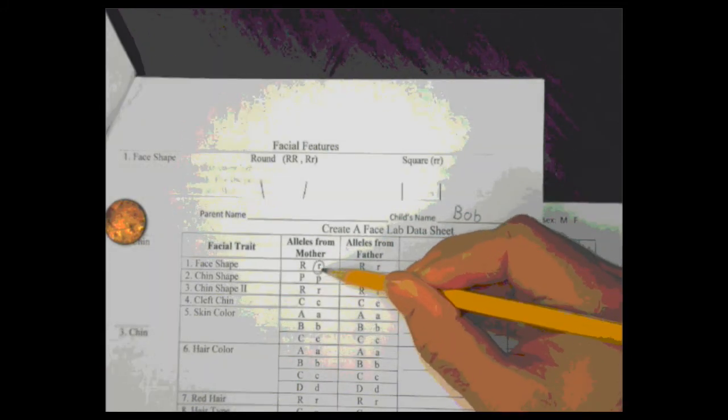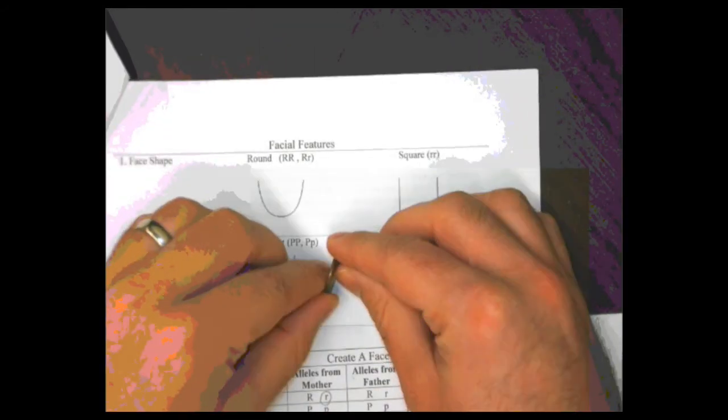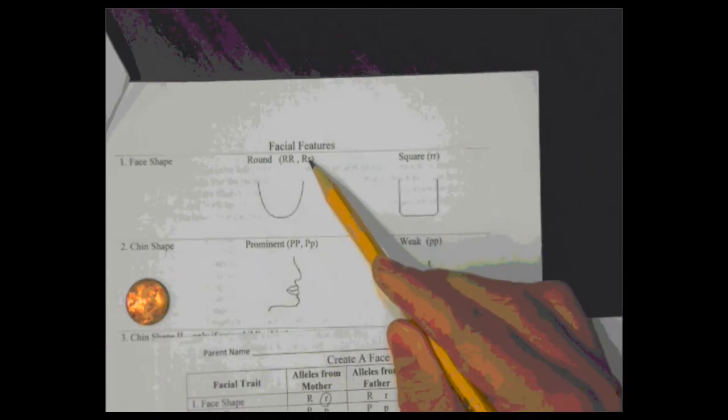We can circle that. Now it's time to do the fathers. Now the father ends up with heads, which represents the dominant trait, the rounded chin. So we circle the capital R for the father.